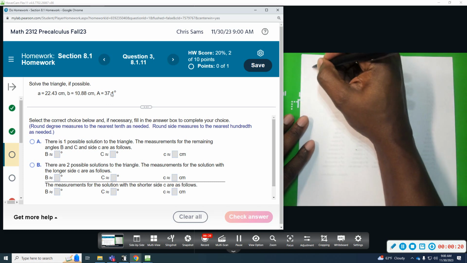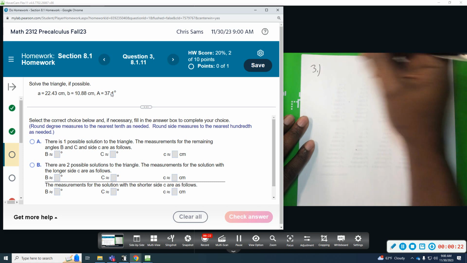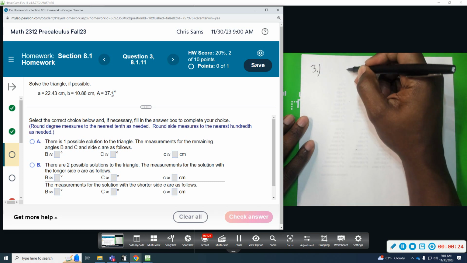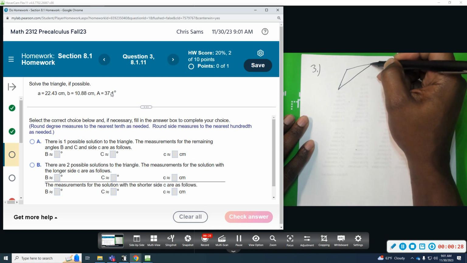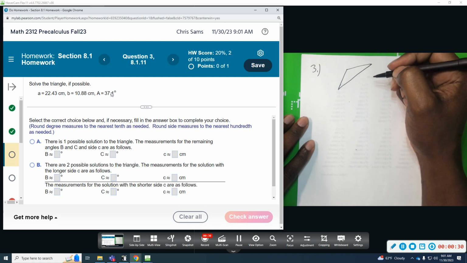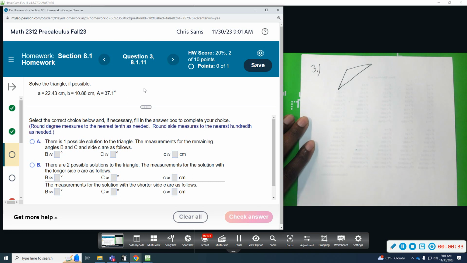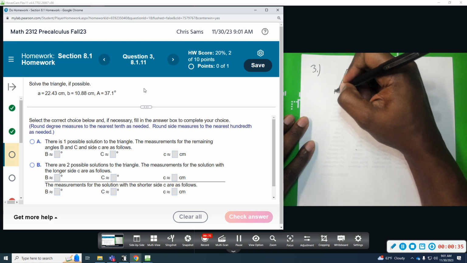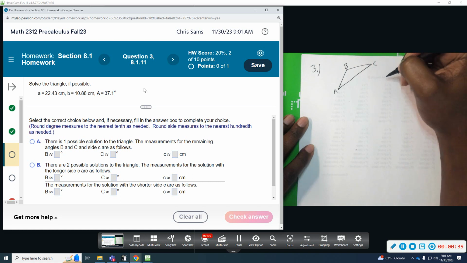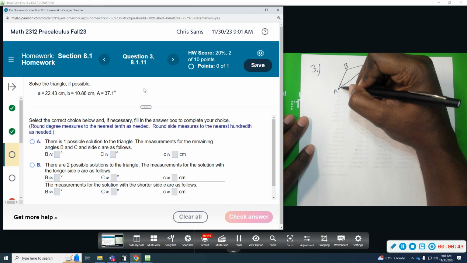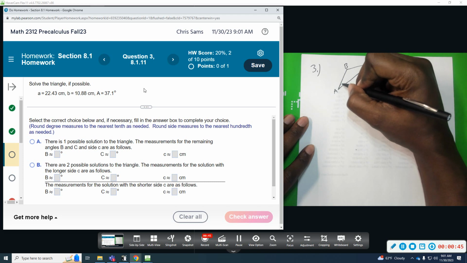If we just draw out a triangle to see what we're looking at, drawing them all kind of like obtuse. So we're given angle A. I'll just call this A, this B, and this C. So angle A is 37.1.